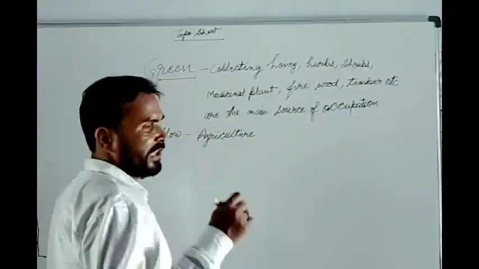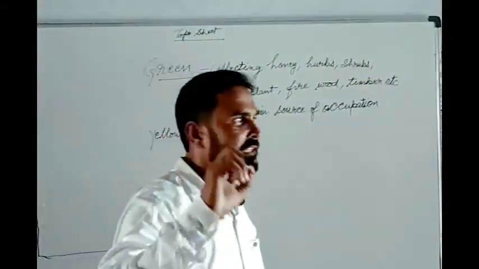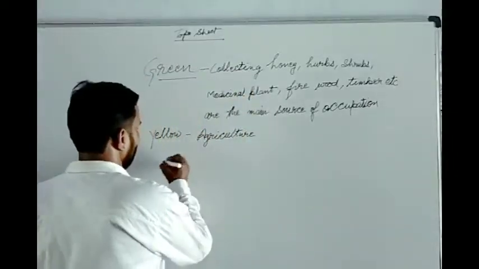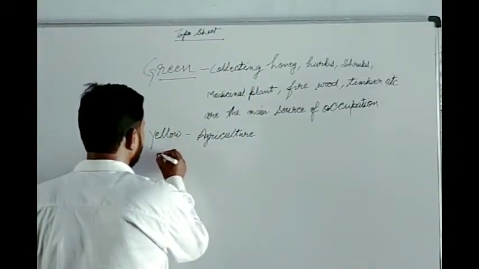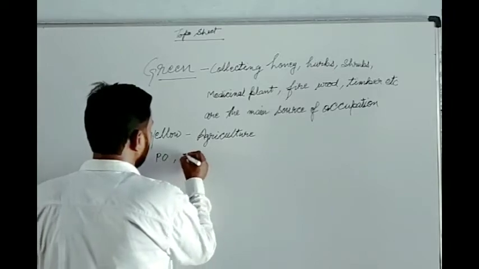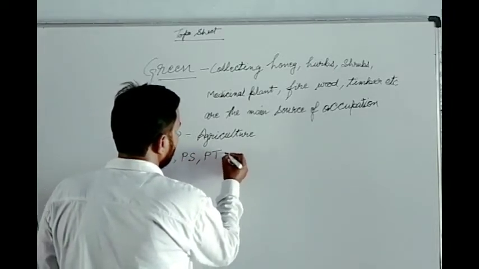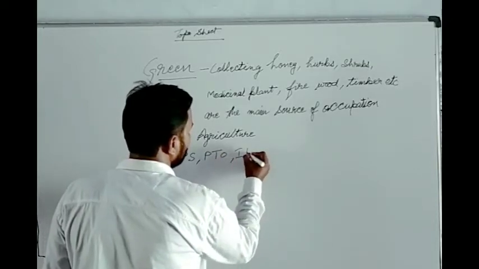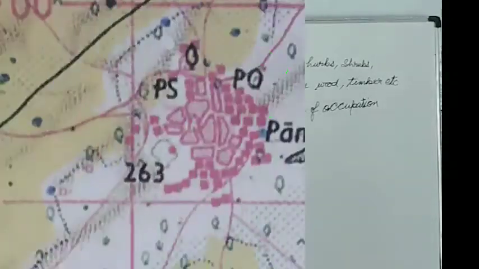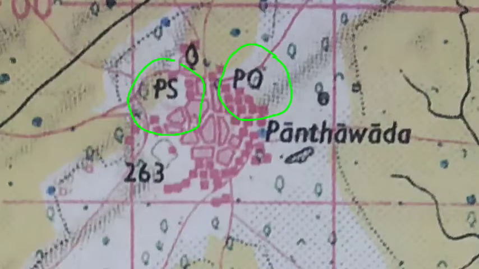In any village, if these symbols are given, yesterday we discussed the PO, the PS, PTO and IB: post office, police station, post telegraph office and inspection bungalow.